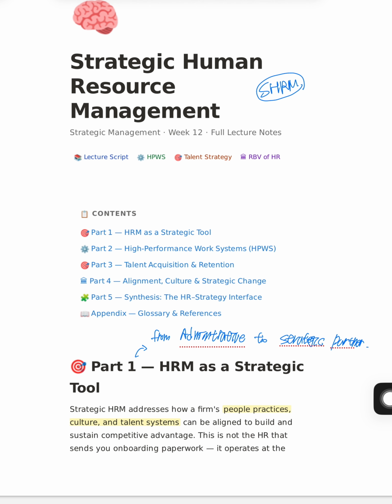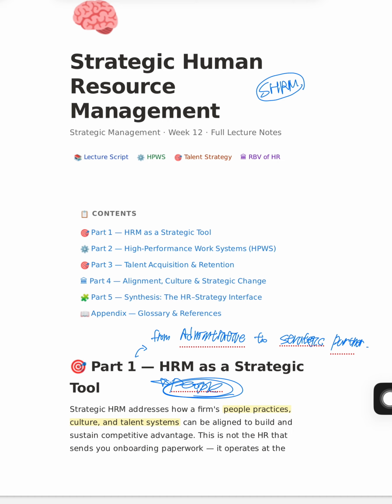Today, in this part, we turn to one dimension of competitive advantage that is simultaneously the most powerful and the most difficult to replicate, which is people. So strategic human resource management addresses the question of how a firm's people practices, culture, and talent systems can be designed and aligned to support and sustain competitive advantage.